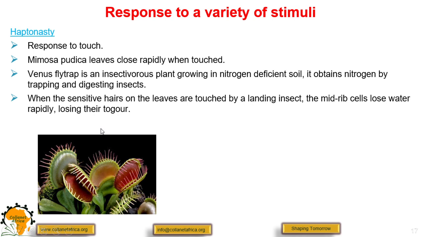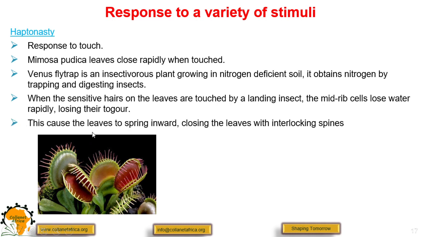What happens next? This is how the plant looks. So these are the sensitive hairs we are talking about. When an insect lands on these, then the midrib cells, or the cells at the center, lose water.